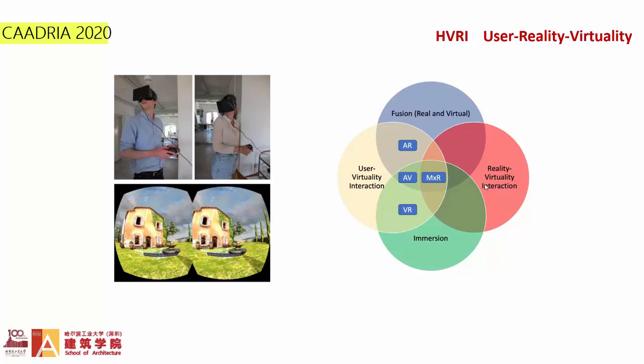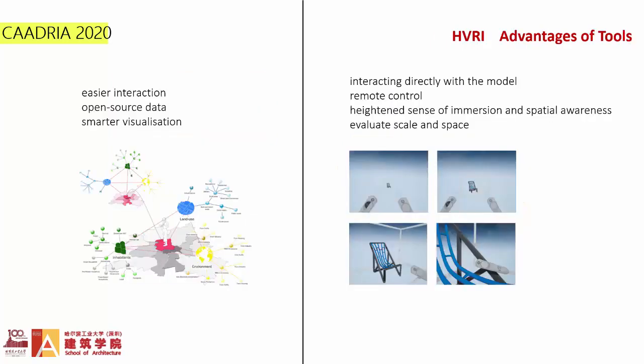interactive architectural design methods. So the first point is that virtual reality provides easy interaction with open source data and smart visualization. With data now being more than just X and Y, or even 3D, going into 4D and 5D, it is not easy to visualize them through a screen, but by placing them in a 3D environment and looking at them through virtual reality, it gives people a much more intuitive way to visualize the data.